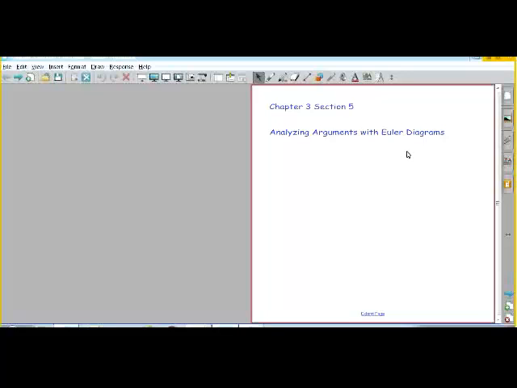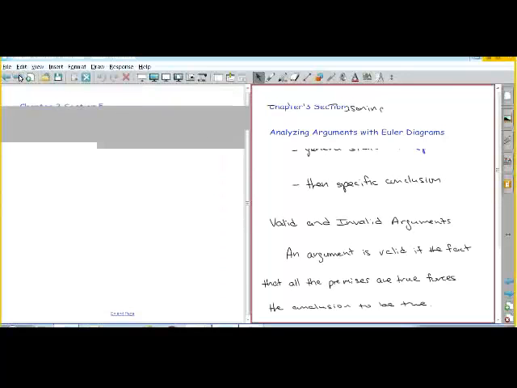Section 5 uses Euler diagrams, and they're for a specific kind of argument that involves the word all. You'll see it in a second.